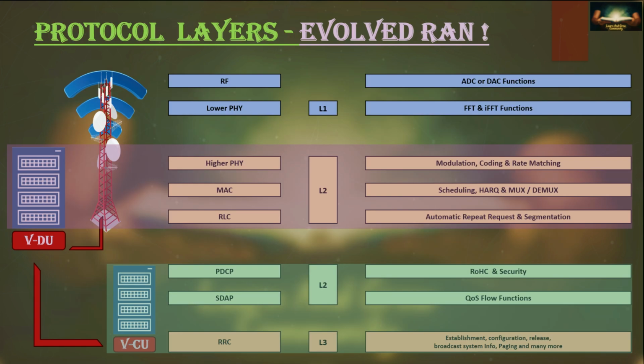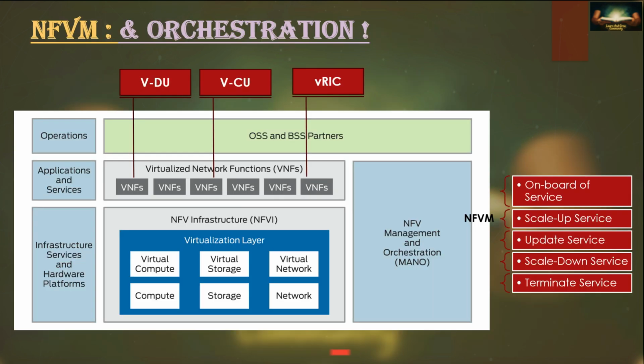ODU, open distribution unit. ODU is responsible for higher physical layer, MAC layer and RLC layer functions in the RAN protocol stack. These layers work on NFV, Network Function Virtualization, or containers in case of a cloud system. The COTS server, commercial off the shelf, is first installed with the NFVI software, which enables the virtual resources like compute, storage, and network.